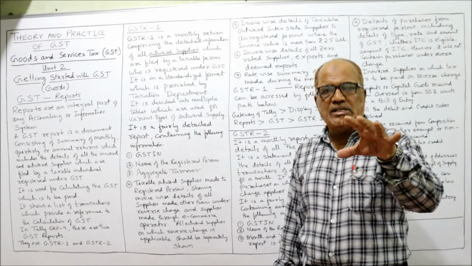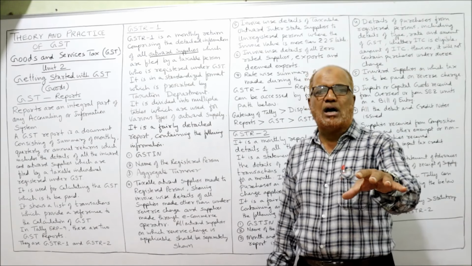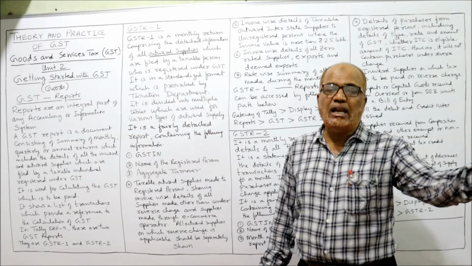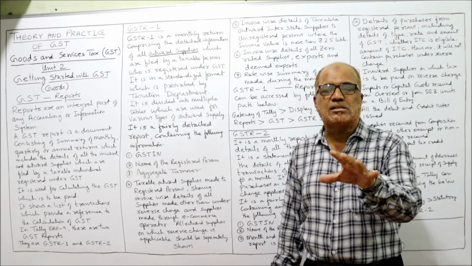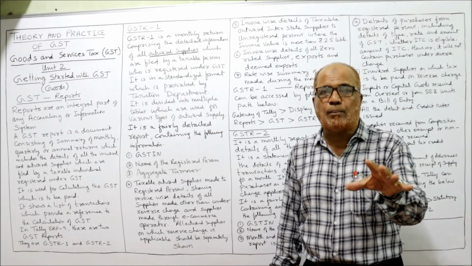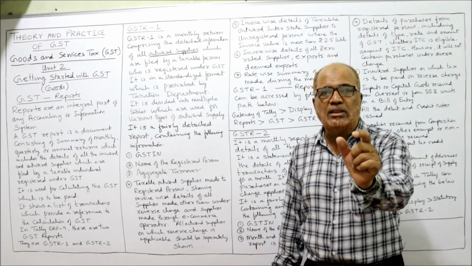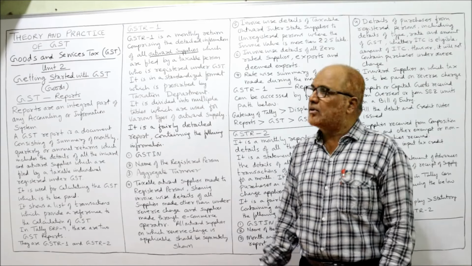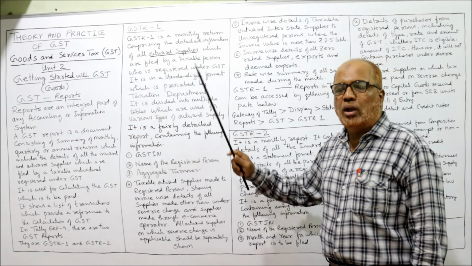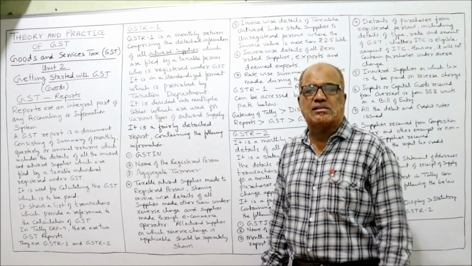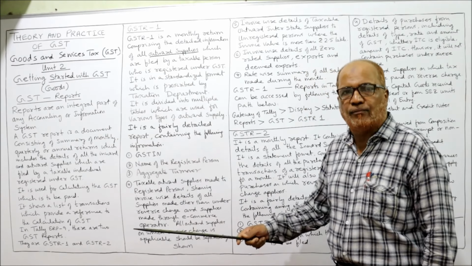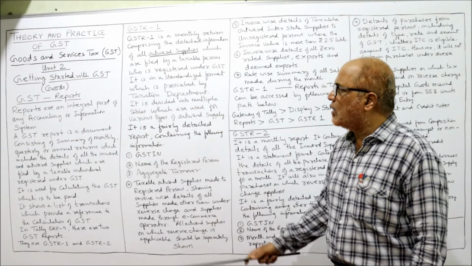A person who is registered under GST has to file a return of all the outward supplies he has made during the period. So all the detailed information about outward supplies he has to give in this GSTR1.